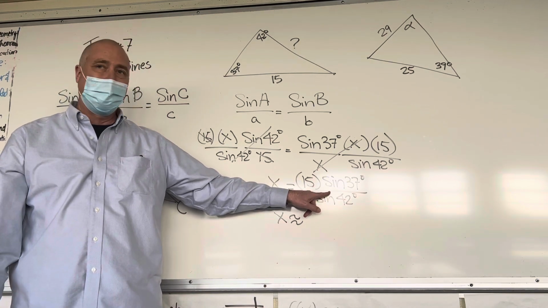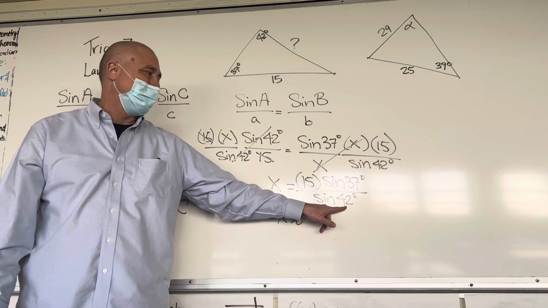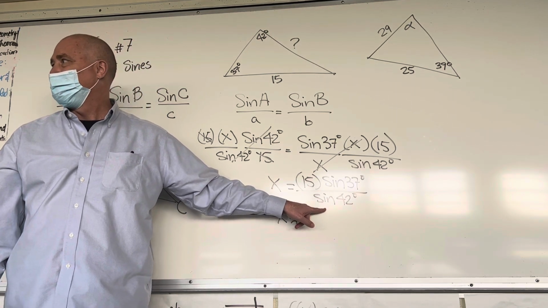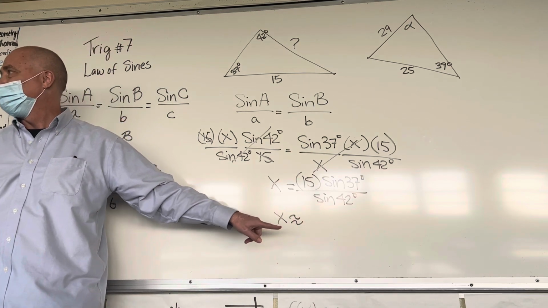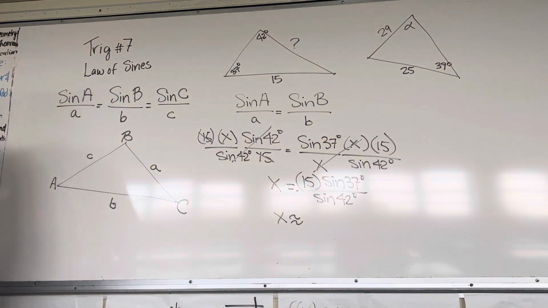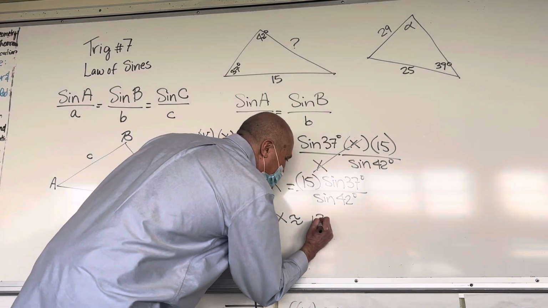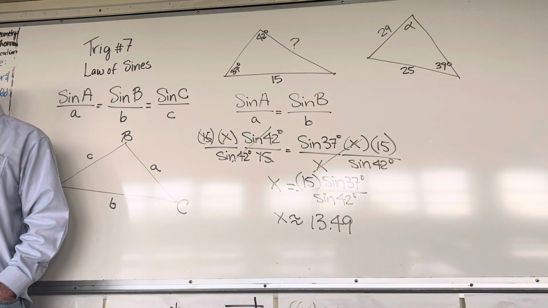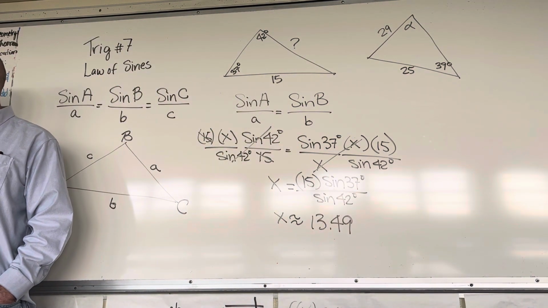Then you say divided by 42 sine equals again. Yes, that's it right there. 13.49. Who doesn't have it yet?